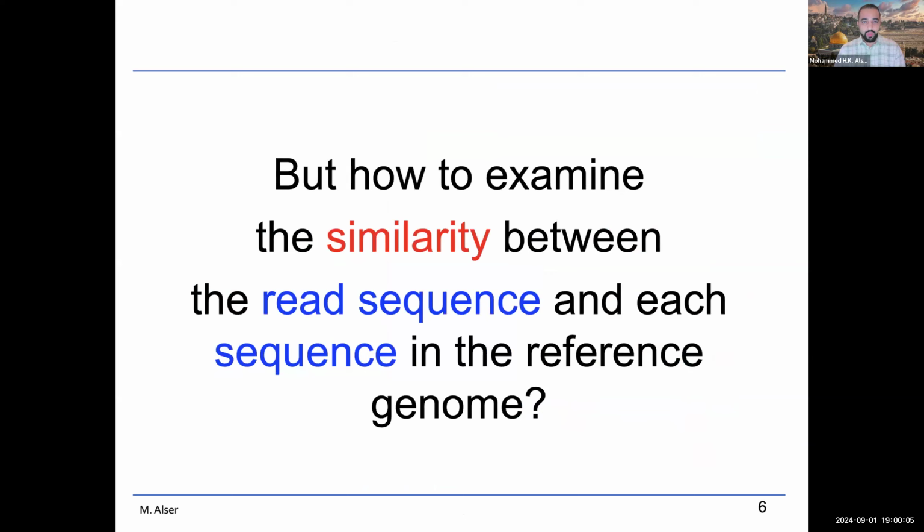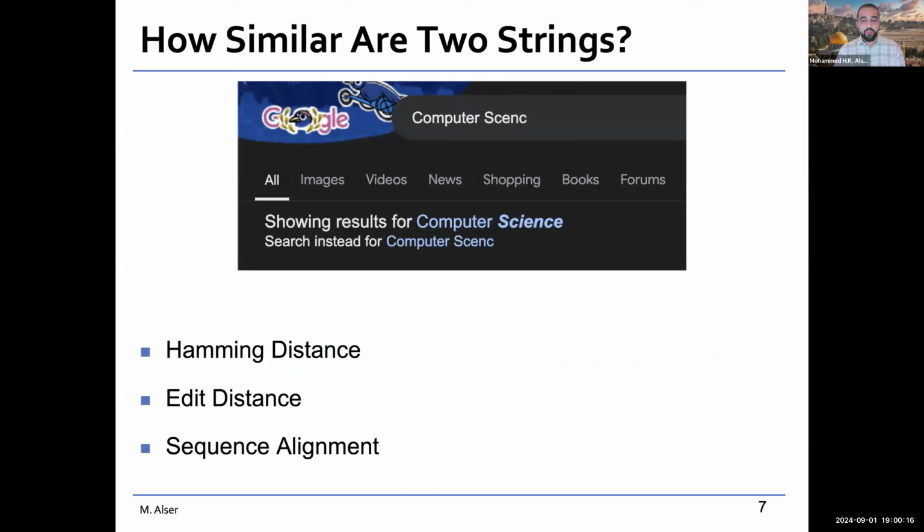So today we'll be talking about this specific topic on how to examine the similarity between the read sequence and each sequence in the reference genome. Remember in Google search, for example, when you type something in the search space and you make some misspelling over there, then the Google search would suggest something that is very close to what you type, but it's in a correct format.